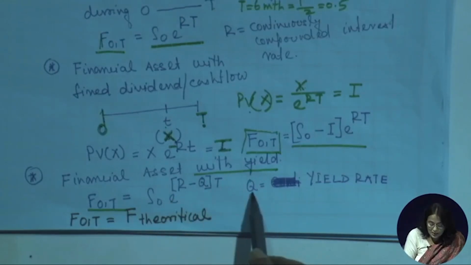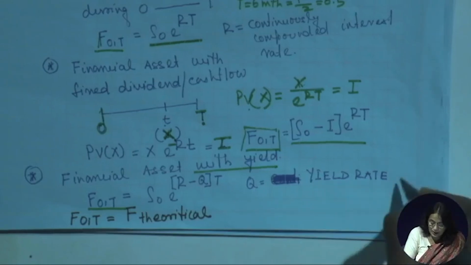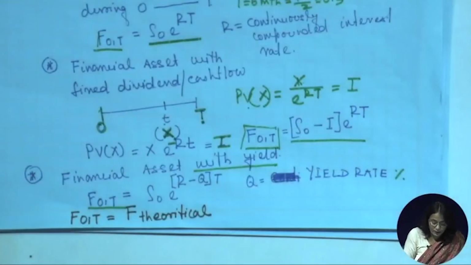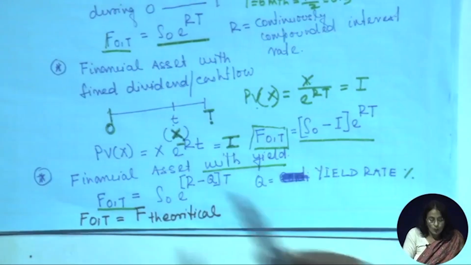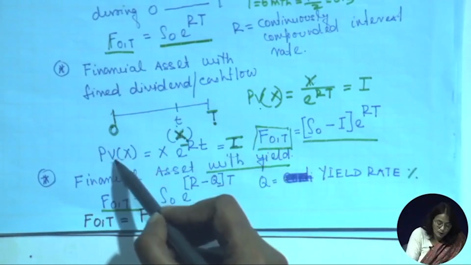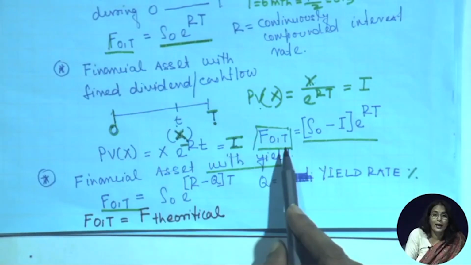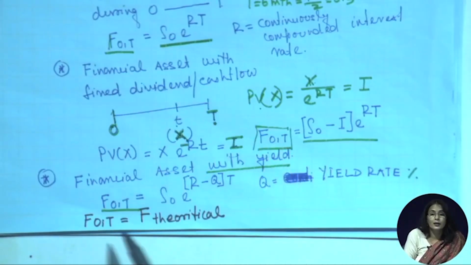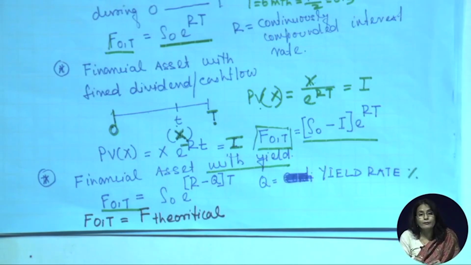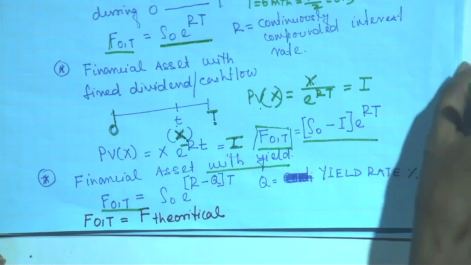And what is this q? Q is the yield rate in percentage terms. So all these three forward or future prices we are calculating are called F theoretical. That should be the theoretical value of a forward contract.